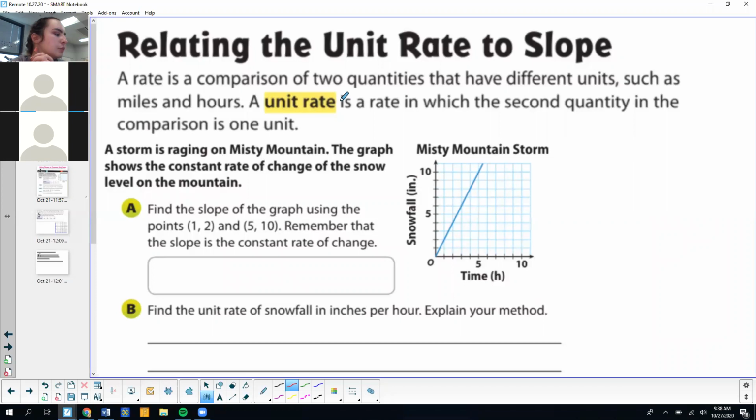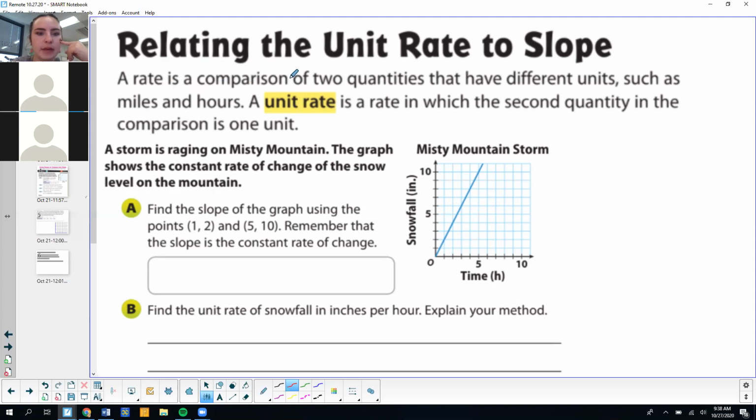If I'm buying a box of K-Cups because I'm a coffee addict, and I get a 12-pack of K-Cups for $12, the price per 1 K-Cup would be $1. So it's dividing the total by the amount to get price per one or the unit rate. You did learn about this in the 6th grade, practice it in the 7th grade. We're going to talk about it a little bit more right now.